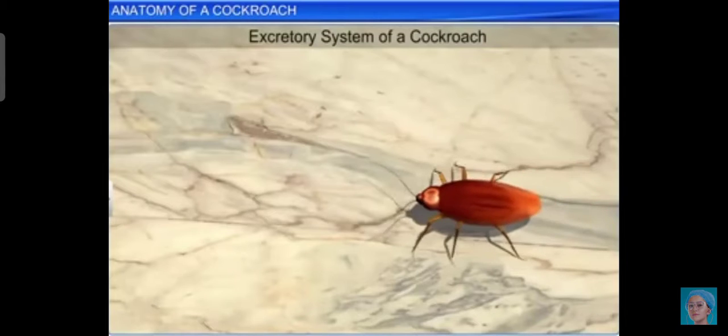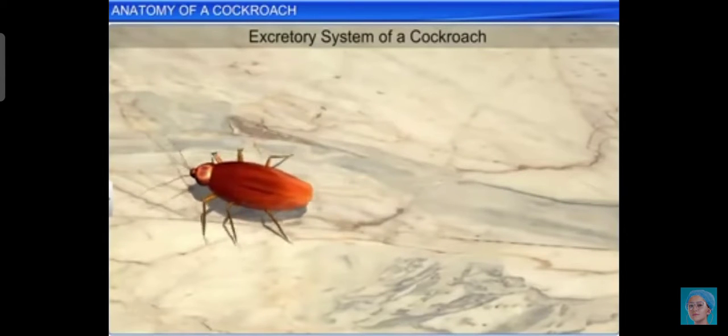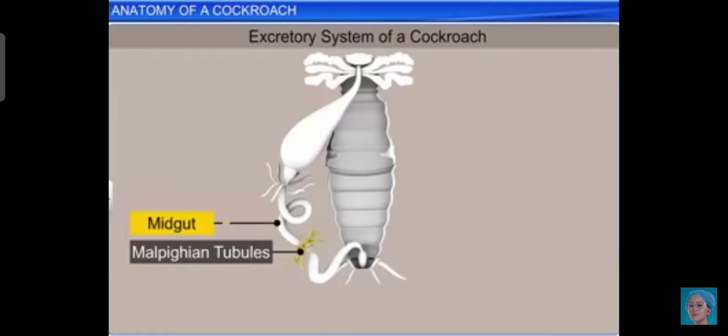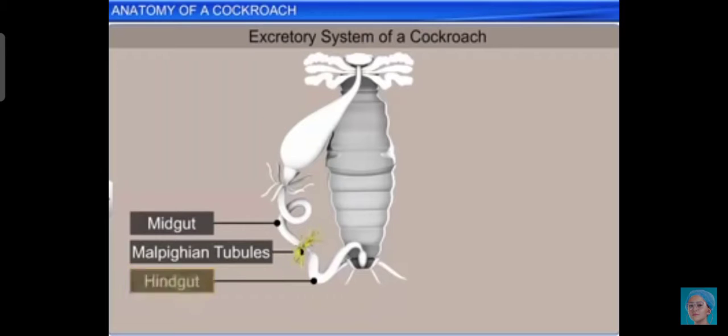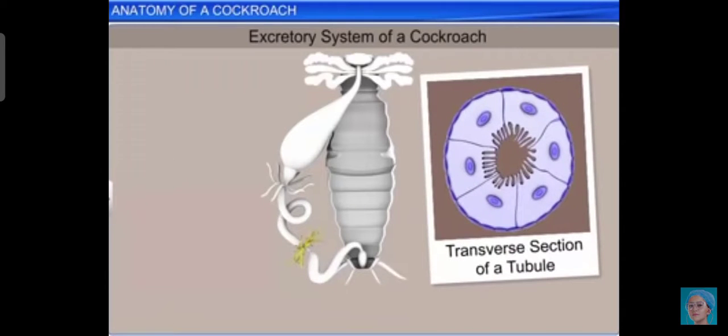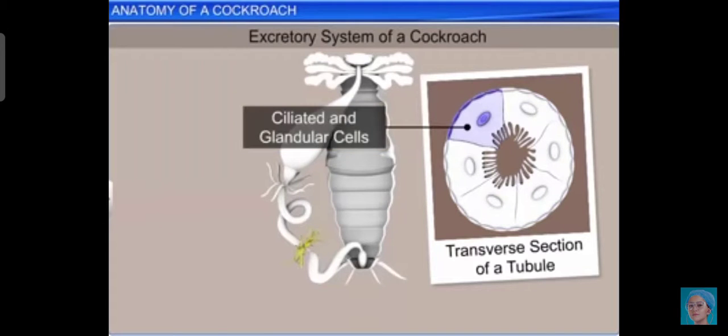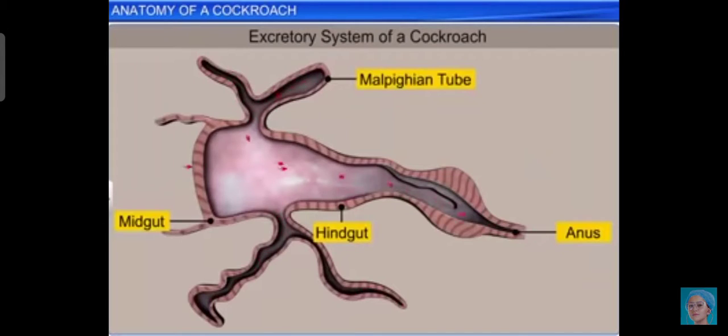The anatomical study also includes the excretory system. In cockroaches, Malpighian tubules situated at the junction of the midgut and hindgut serve as excretory organs. Each tubule is lined with ciliated and glandular cells which absorb nitrogenous wastes from the body and convert them into uric acid.